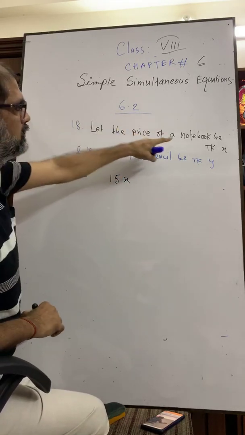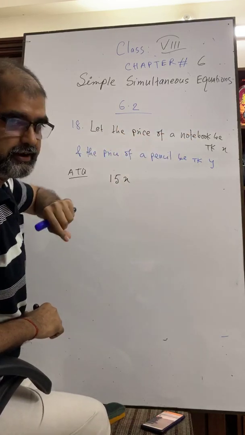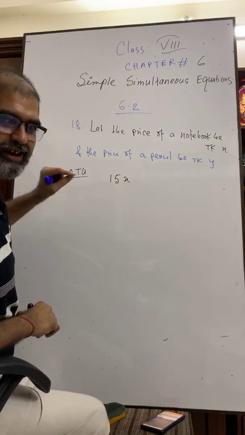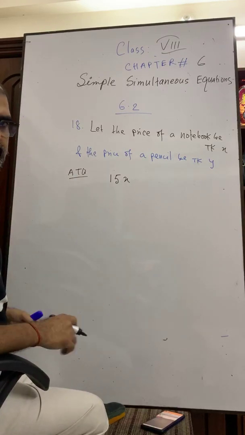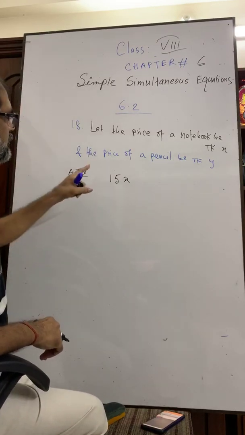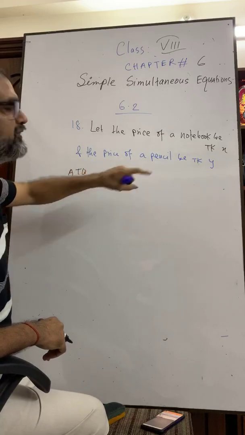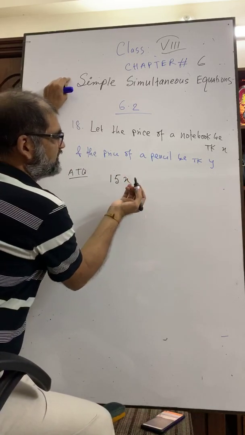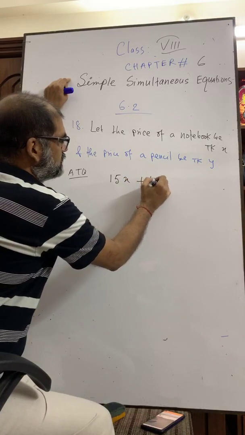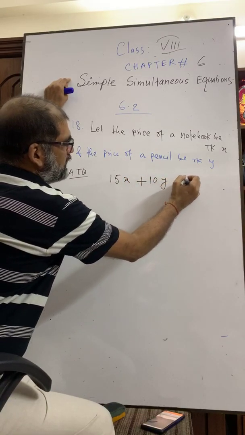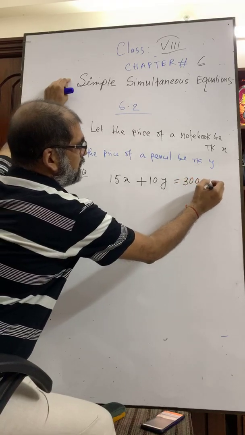One notebook costs taka x, so 15 notebooks will cost taka 15x. And in the first sentence, there are 10 pencils. One pencil costs taka y. So 10 pencils, 10y, together make 300. This is equation 1.